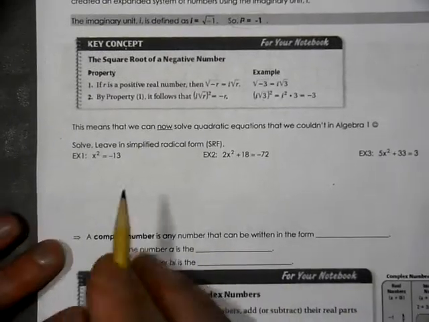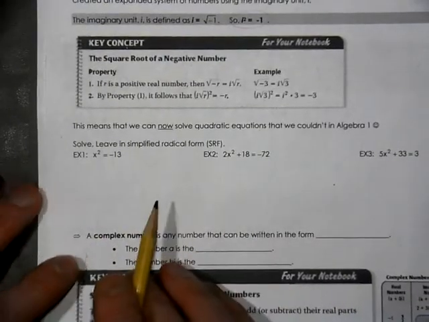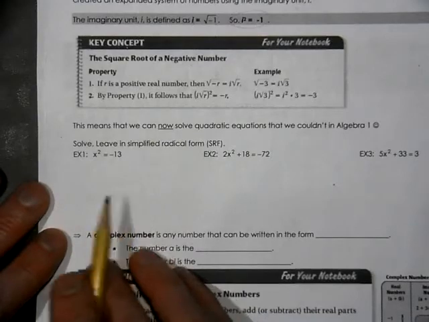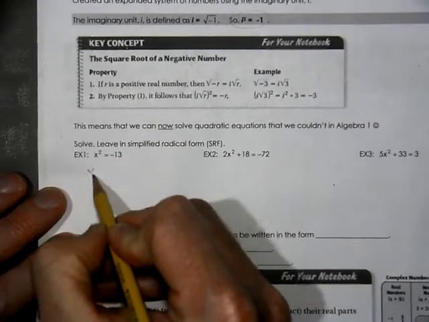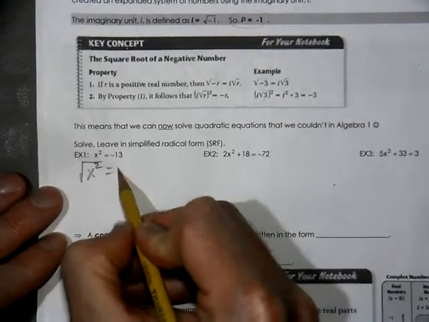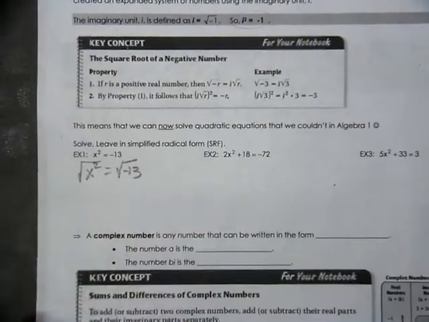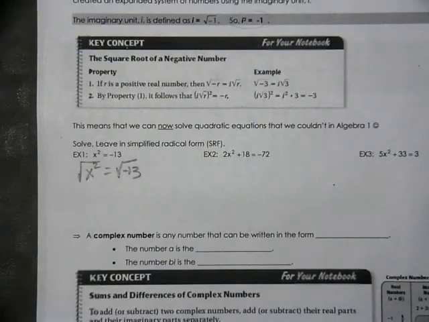So these would be all answers that we would usually say we couldn't solve. But now in Algebra 2, we will be able to solve them. We're trying to take the square root of a negative number. Usually it's no solution.